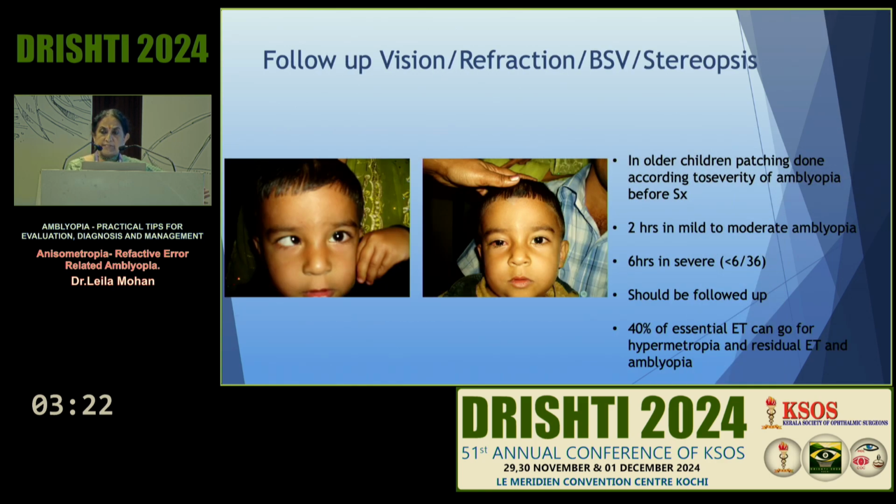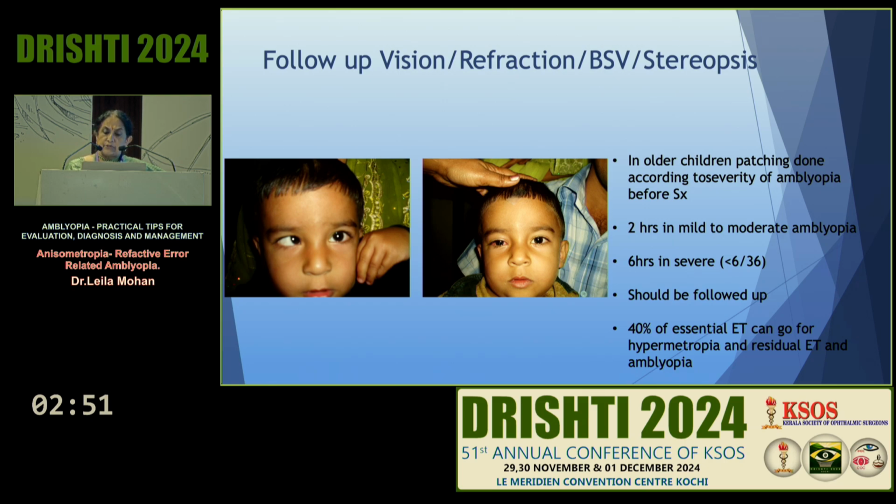In an older child, of course, we can check vision with picture chart or Snellen, and patching should be continued if he is fixing with one eye or his vision is worse in one eye, 2 hours in mild to moderate amblyopia, as already shown by Dr. Andrews, 6 hours in severe amblyopes, that is if the vision is worse than 6/36, and they should be followed up.